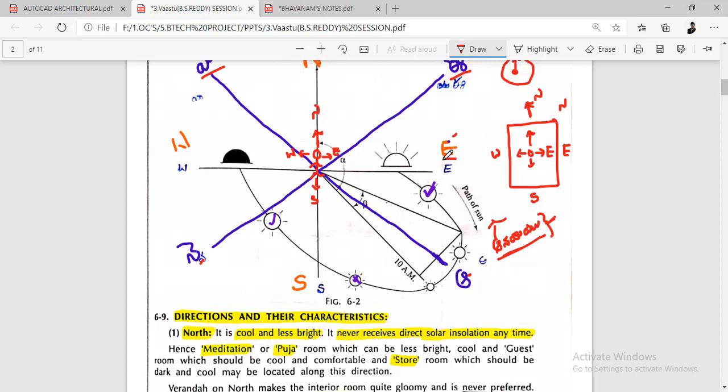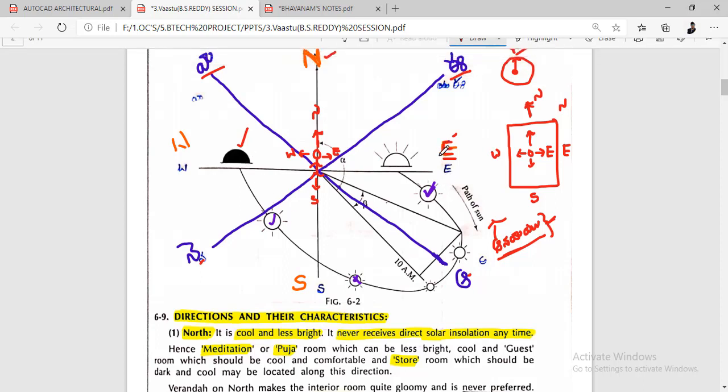See this, the sun always rises in east and sets in the west direction. Based upon this, our engineering vastu, as we call it, and in a BPD subject also we learn those things, everything depends upon this sun direction. So sun direction is a main important thing.